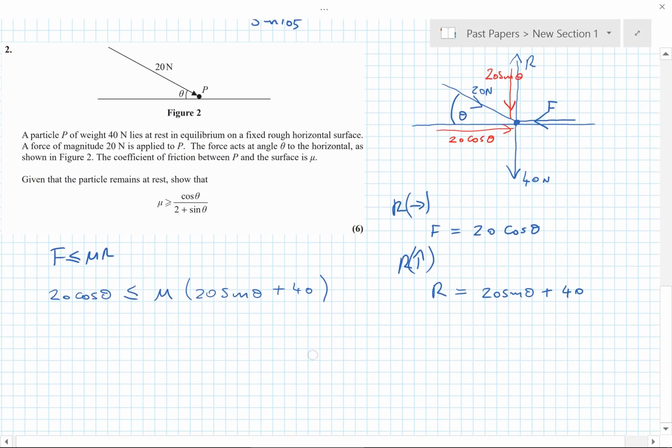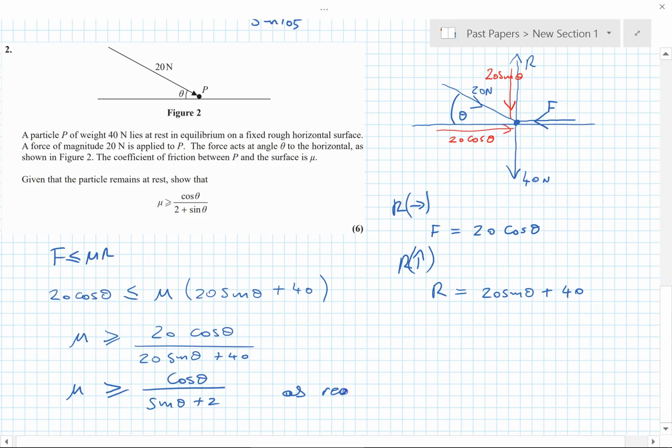So that gives us mu is greater than or equal to 20 cos theta over (20 sine theta plus 40). Okay, so we can divide top and bottom by 20, so we get mu is greater than or equal to cos theta over (sine theta plus 2), as required.